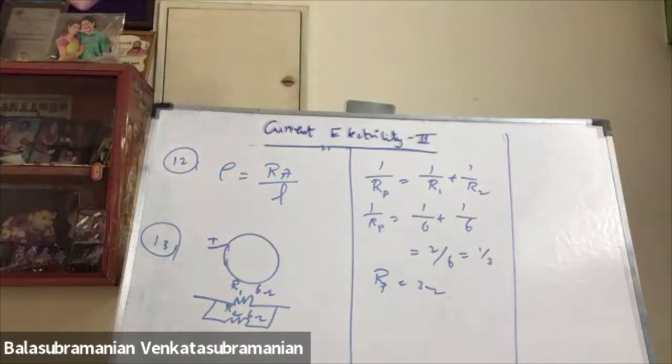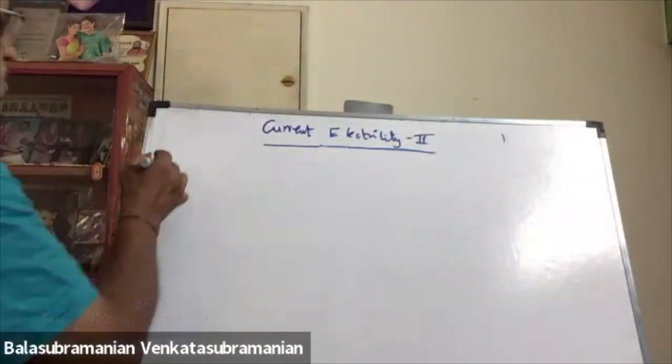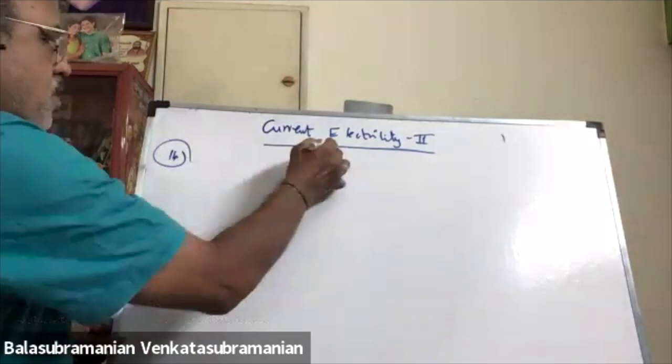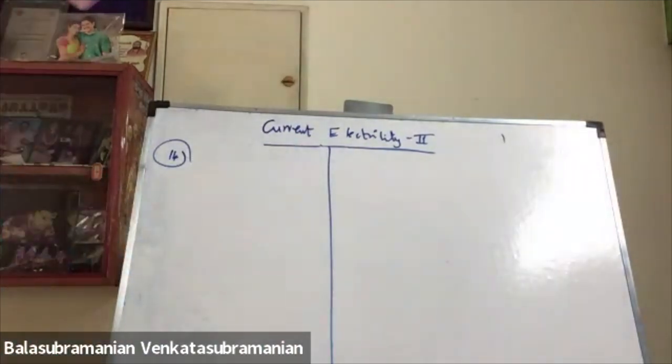Okay, next one. 14th problem. If you are provided with 3 resistors, 2 ohm, 3 ohm and 6 ohm, how will you connect them so as to obtain an equivalent resistance of 4 ohm?